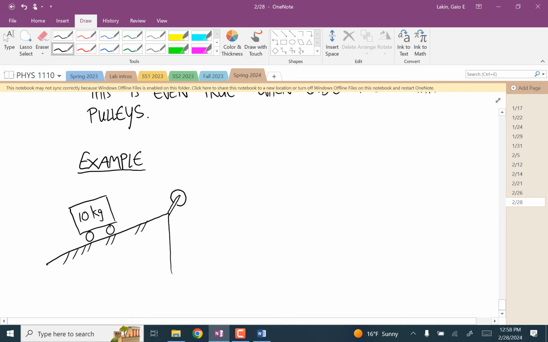And then a cable that's attached to this cart goes over a pulley, and then it's connected to a hanging mass that has a mass of 5 kilograms. And let's say that there's some external force applied here of 10 newtons.